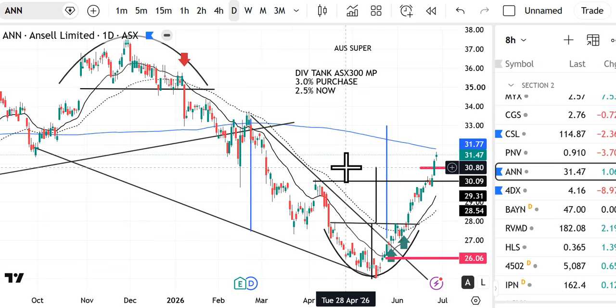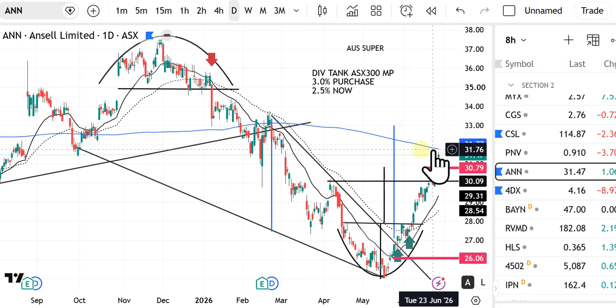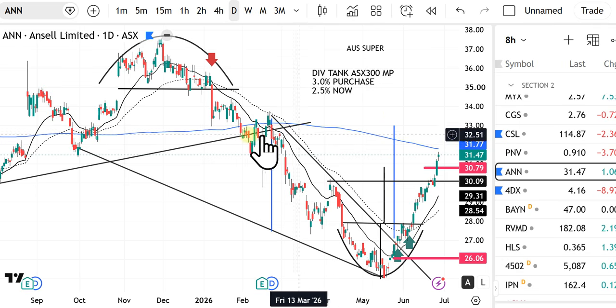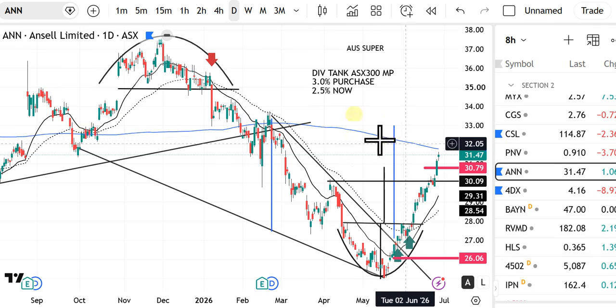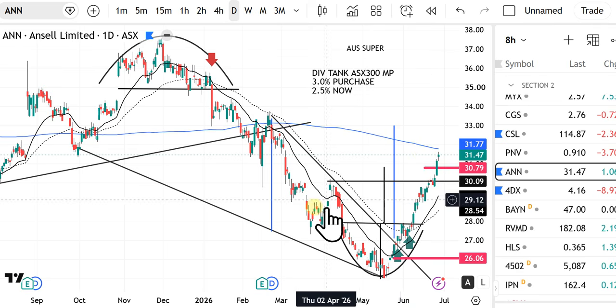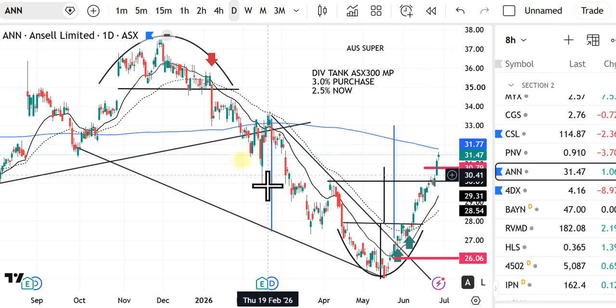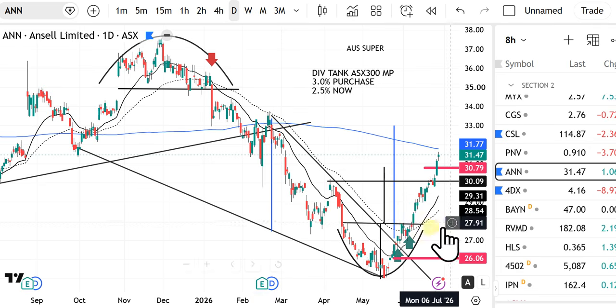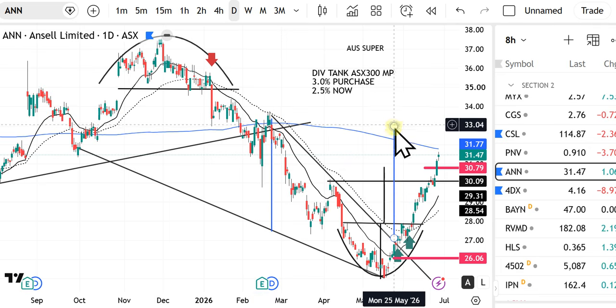Anyway, so what are we looking at now? So we've got the 200-day moving average. So that's one. That's one indicator. The declining wedge, you take the widest part of the wedge and add it to the breakout zone. So that gives us another target.